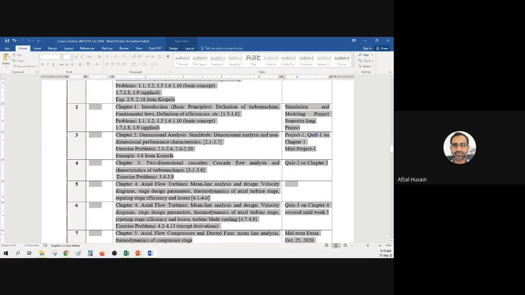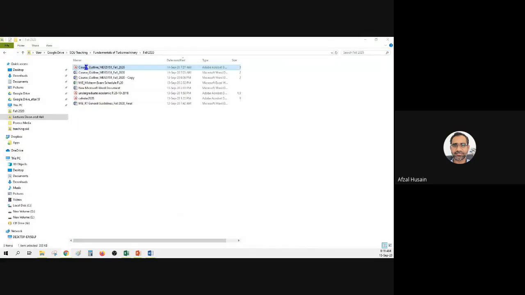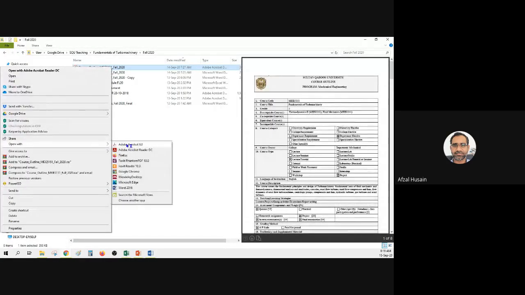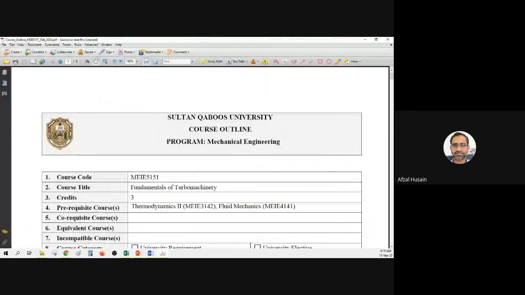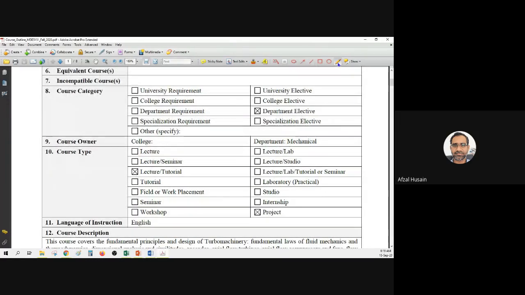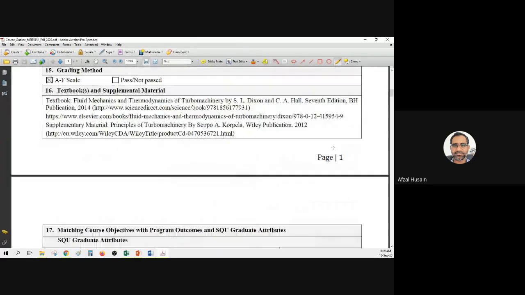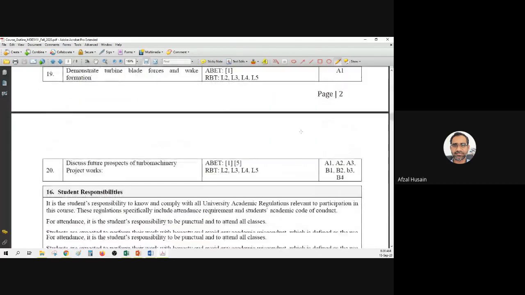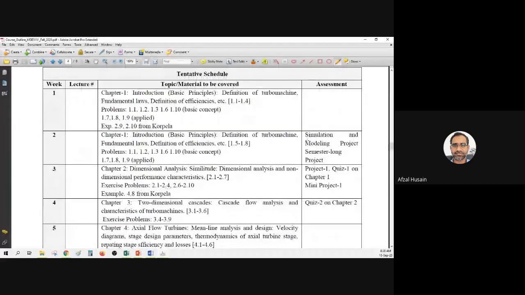The quiz 1 will be in week 3, as you can see here, and then quiz 2 will be in week 4.